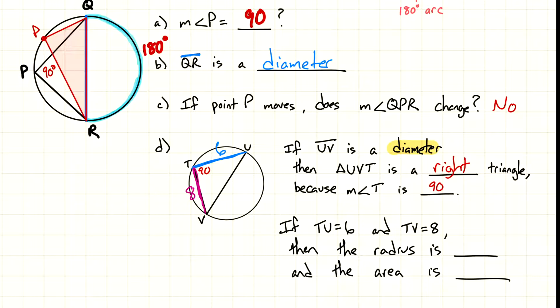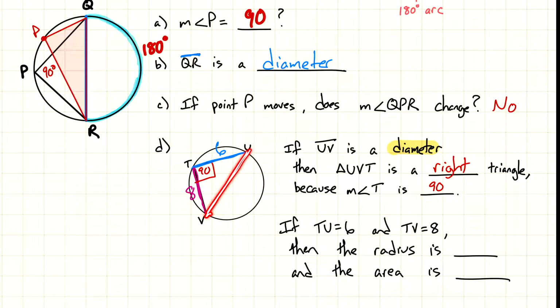Then what is the radius of this circle? Well, how does this relate to a radius? Well, if you notice, we just created a right triangle, so that means we should be able to figure out the measurement of UV.